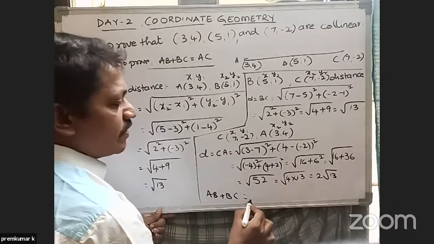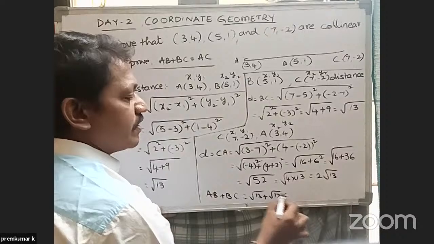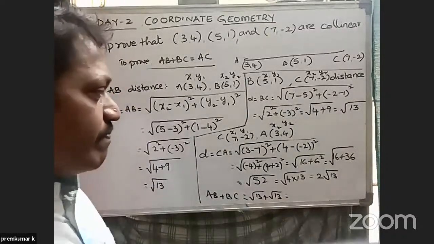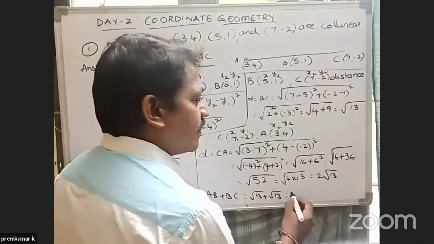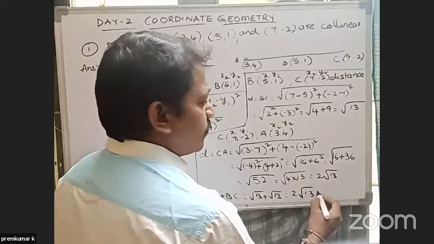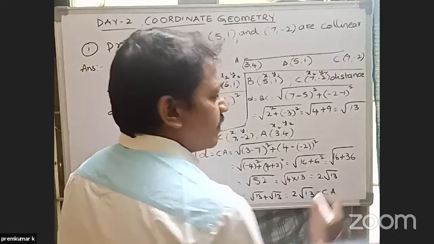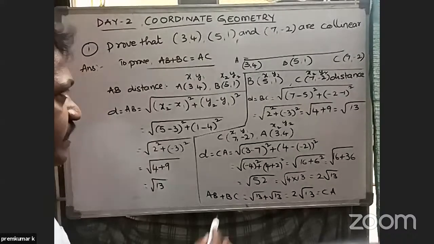What is AB? Root 13 plus root 13. These are irrational numbers, root 13 and root 13. That is 2 root 13, which is equal to CA. Therefore, what can we say about these?